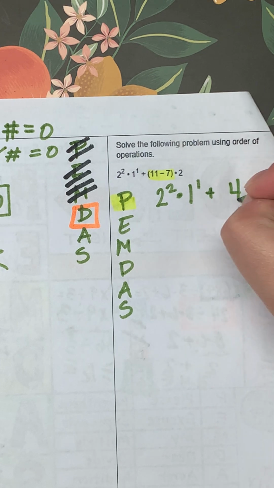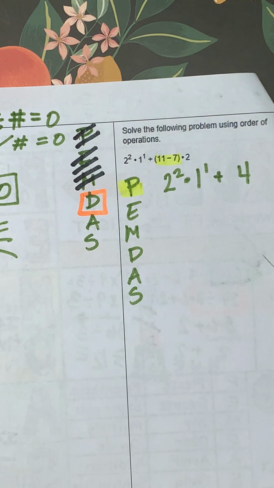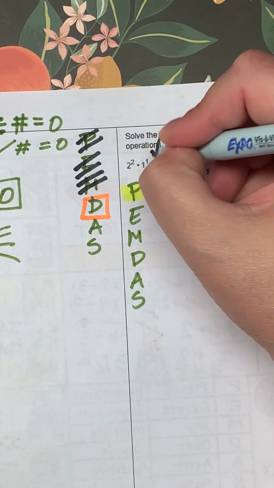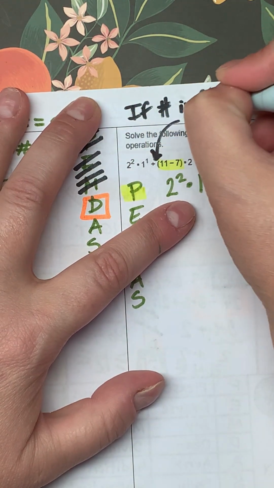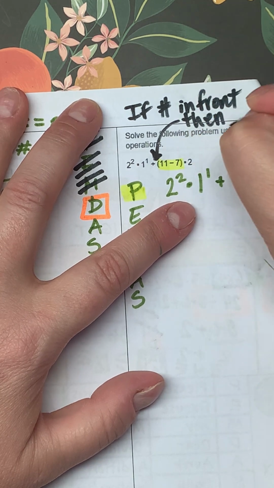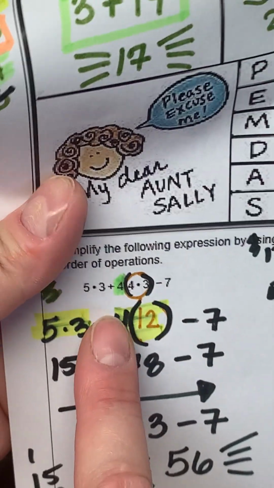4. But the question is, do I still need to write down the parentheses? I only write down the parentheses if there's a number in front. Then you write the parentheses. Like we did on the front, on this bottom left picture.